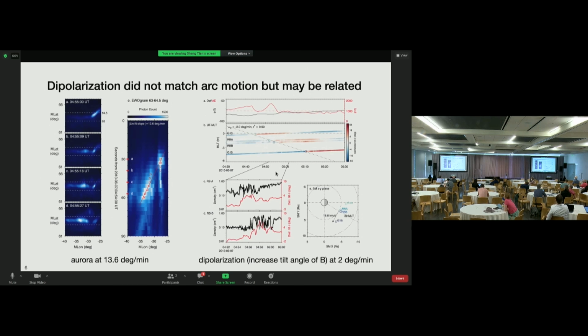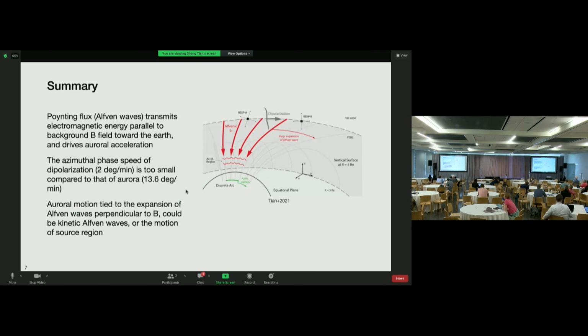This is the last slide, with the cartoon I showed you in the very first slides, but I summarize the observation here. We observe Alfvénic Poynting flux at both RBSP-A and B. We observe the arc moving westward, and the observations seem to suggest that this region of Alfvénic Poynting flux also expands westward.